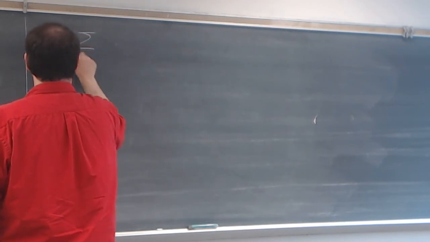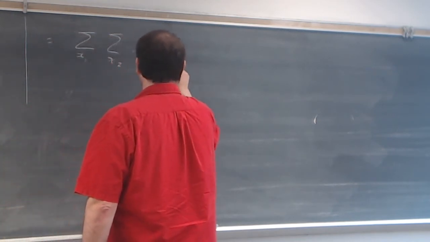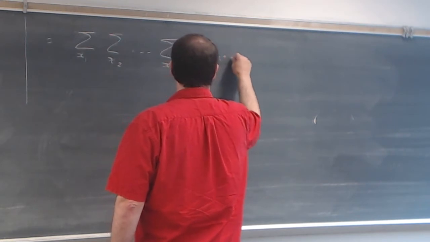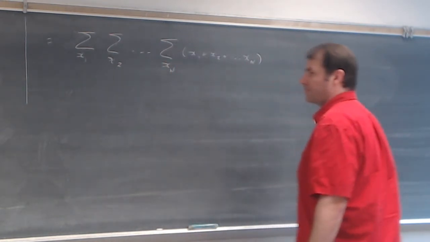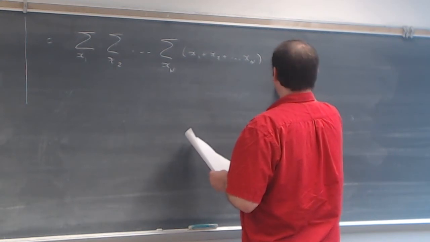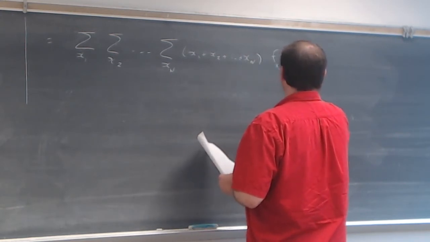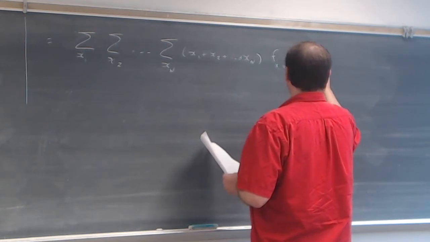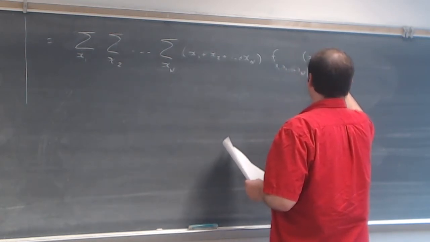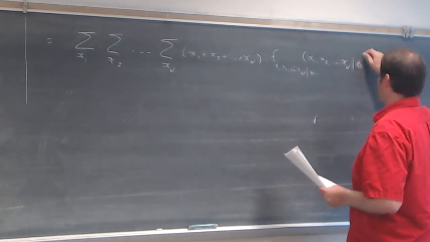So we're going to have sums over x sub 1, x sub 2, up to x sub big N of x sub 1 plus x sub 2 plus x sub big N, times the conditional joint probability mass function of X sub 1, X sub 2, all the way up to X sub big N, given N, evaluated at little x sub 1, little x sub 2, all the way up to little x sub big N, given N equal to little n.